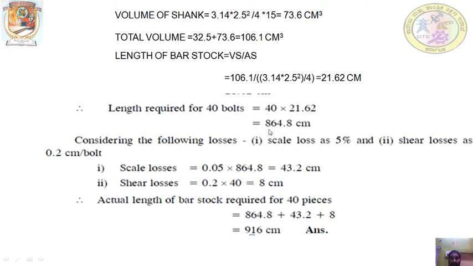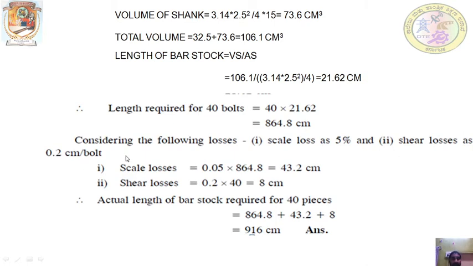Still, it is a net length. We need to add the losses for this. Considering two losses, scale loss as 5% and shear loss as 0.2 centimeter per bolt. Scale loss is 5% of 864.8, that is 43.2 centimeter. Shear loss is 0.2 centimeter per bolt.